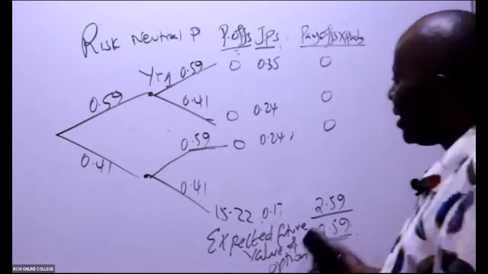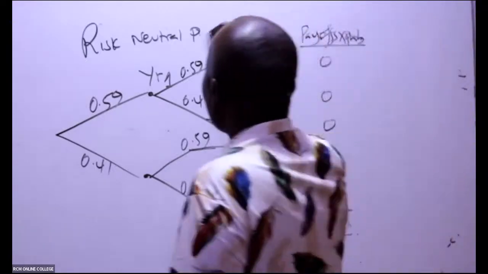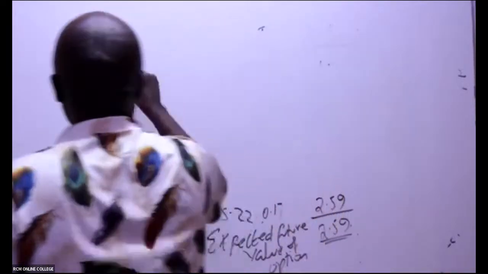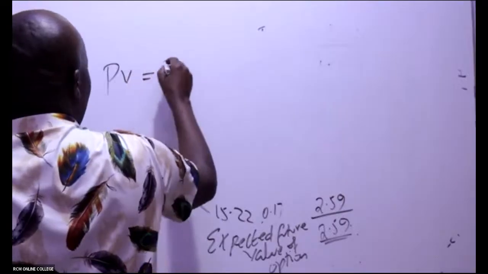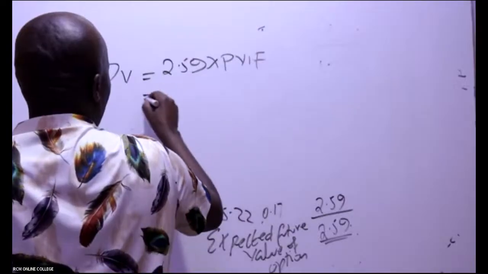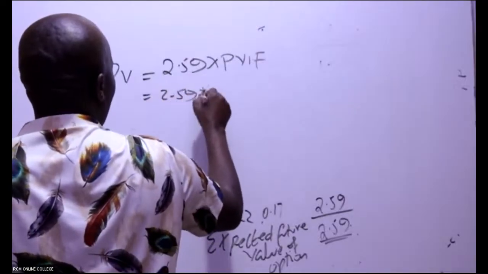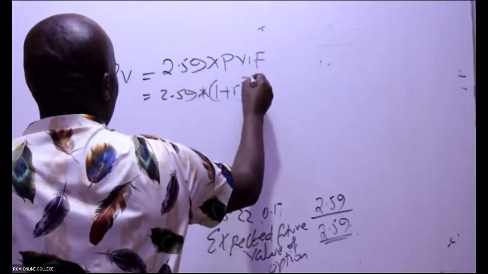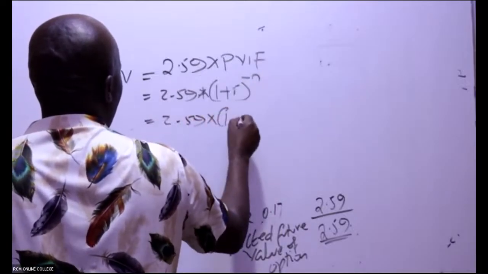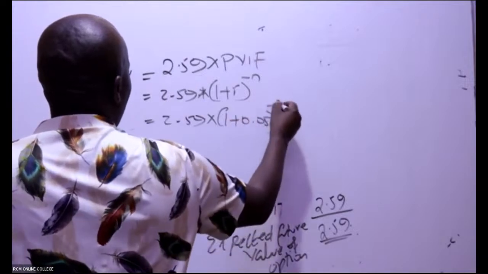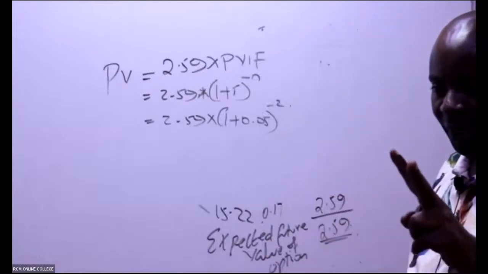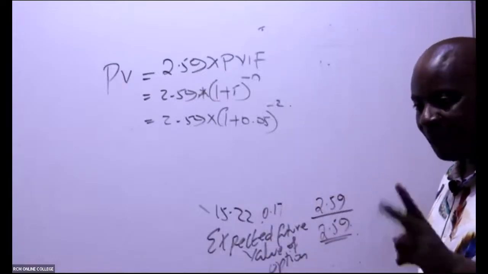So go ahead and discount. To get the present value, take this 2.59 times the PVIF. You are the ones who gave me the PVIF formula as (1 plus r) raised to negative n. This is 2.59 times (1 plus 0.05) raised to negative 2, because it is 2 periods. He has never brought 3 periods.